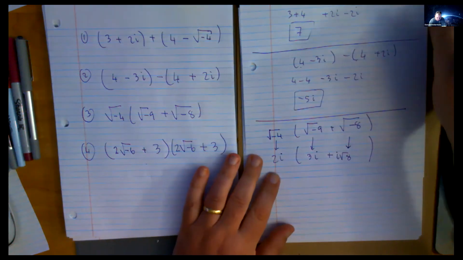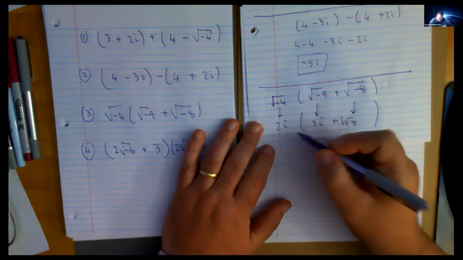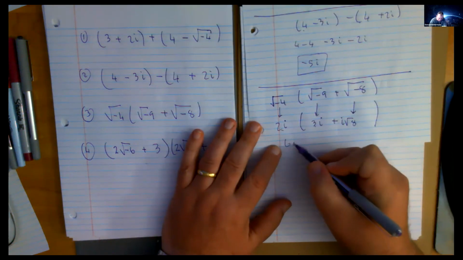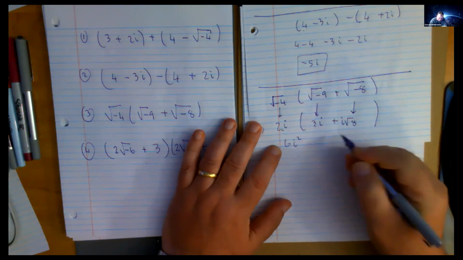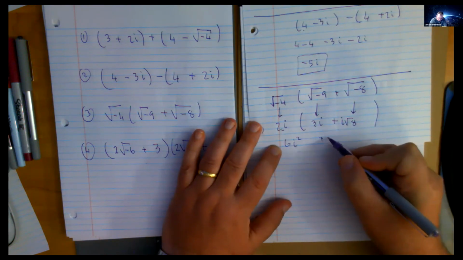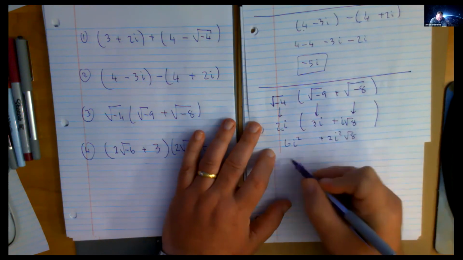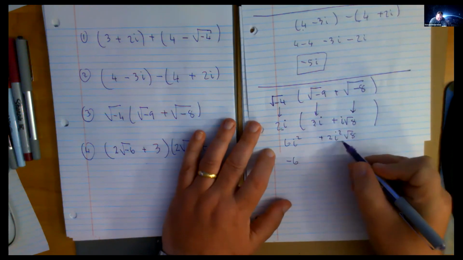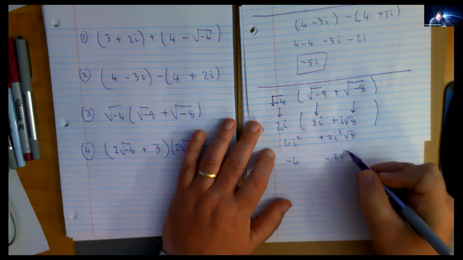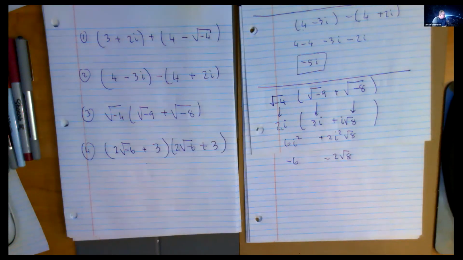Now when I distribute, 2 times that guy is 6i squared, and 2 times that guy is 2i squared square root of 8. That guy is negative 6. This guy is, right now, looking like that. If you'd simplified the square root of 8, you would be almost finished right now.